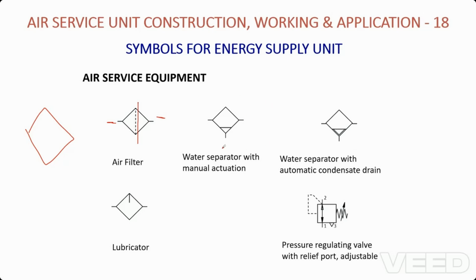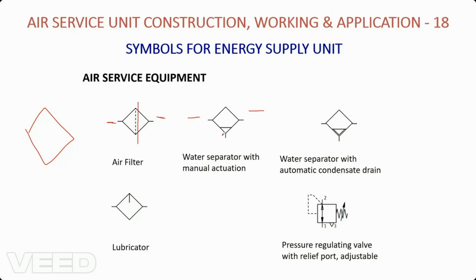The next one is the separator, which we can call a moisture separator, water separator, or sedimentation separator, with manual actuation. Air flows from the left side, our inlet, to the right side, my outlet.